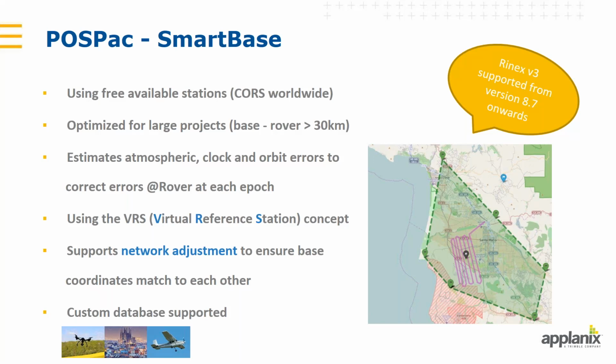And with the custom database or user database for base station data, it is also possible to use external sources, for example, other GNSS services if available. From POSPac version 8.7 onwards, RINEX version 3 is also supported during the download of base stations and during the smart base processing.